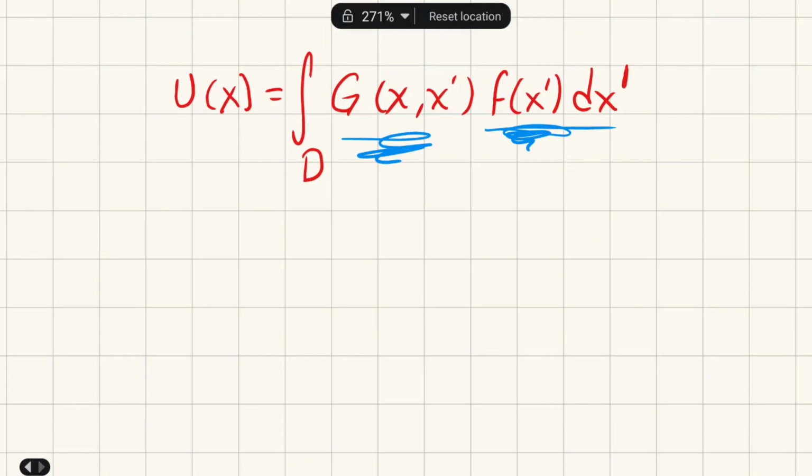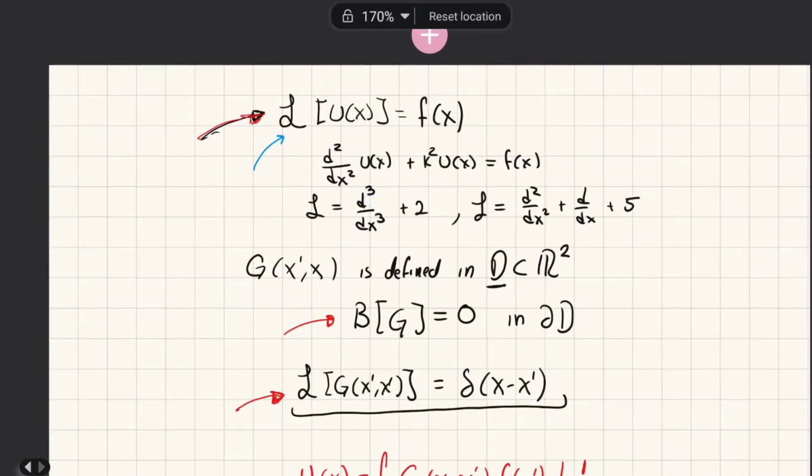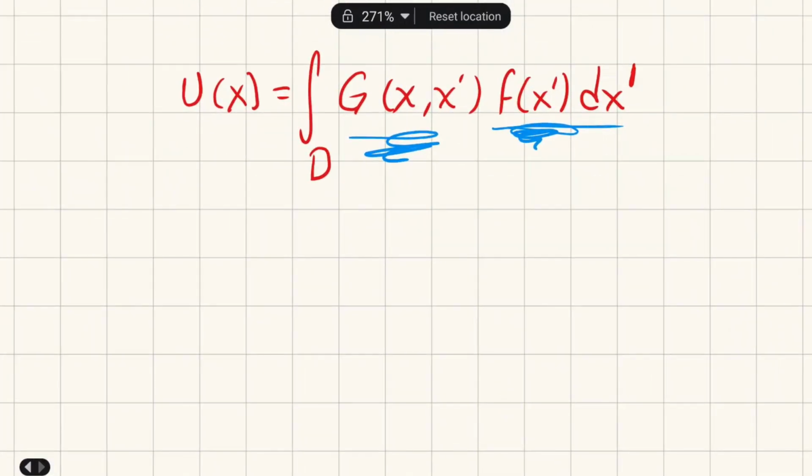We need to show that this is a solution to the differential equation. And how are we going to do that? Well, look into the structure of our differential equation. We see that this linear operator is being applied to u. So we are going to do that here.